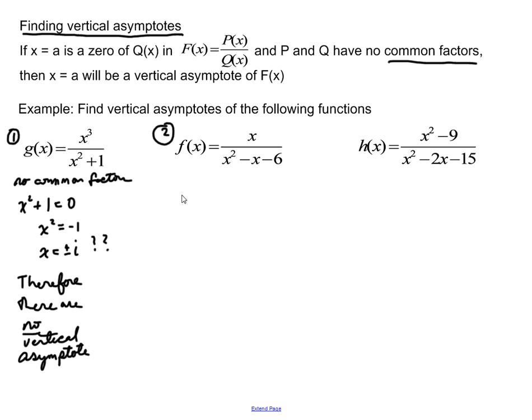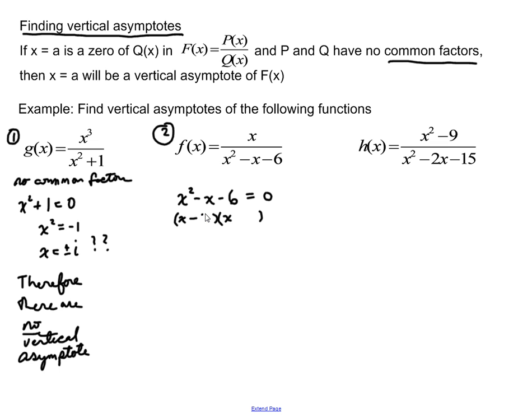Our denominator, x squared minus x minus 6, turns out to be directly factorable. Again, if you need to see how factorization works, please go back to some of my other videos. But in this case, it looks as though we're going to factor. We need two factors of negative 6 whose sum is negative 1.